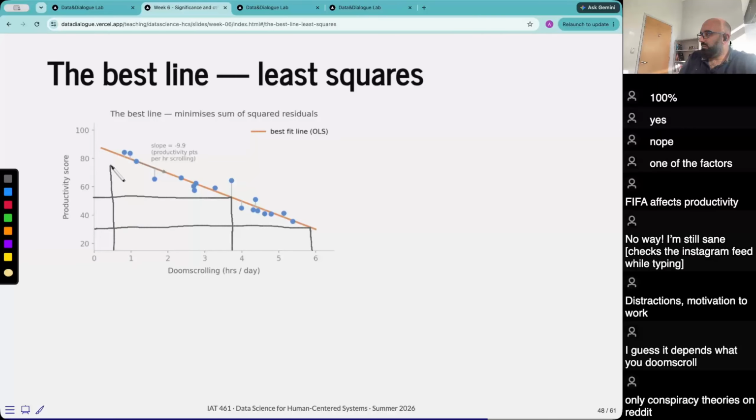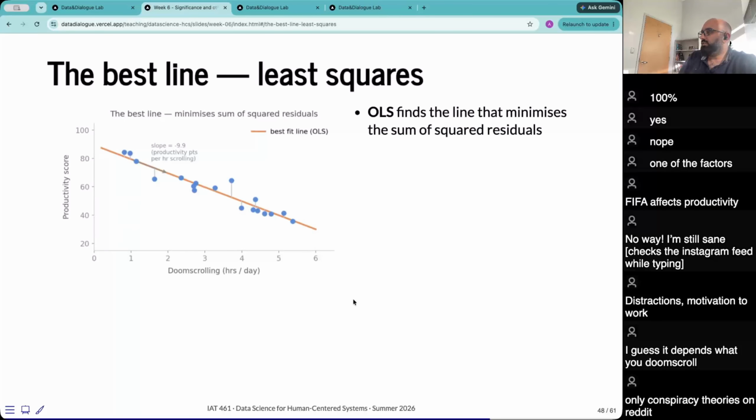That's the model. Still gonna have errors, but it's the best we got based on the data and the type of model that we do. Okay? That is the idea of a linear regression. So it defines a line that minimizes the sum of squared residuals.